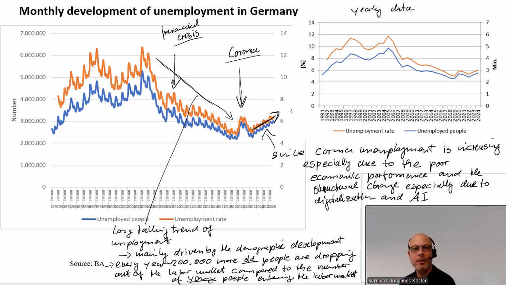And if we look at how many people were in this tool of short-term work in the two main crises, then we see in the financial crisis, we had roughly in the peak 1.5 million people in short-term work.